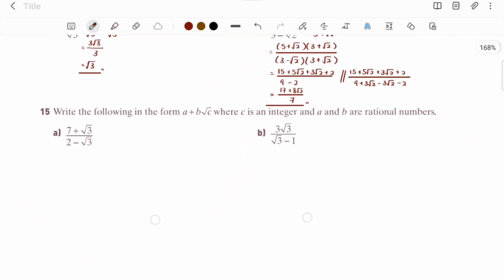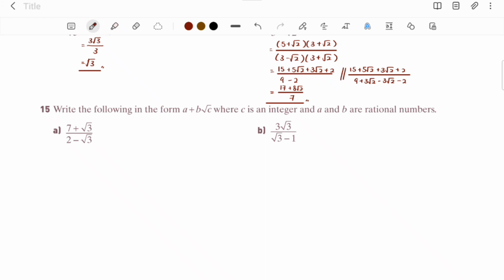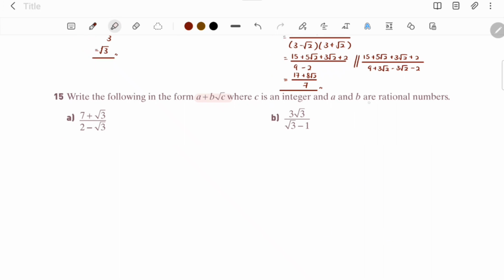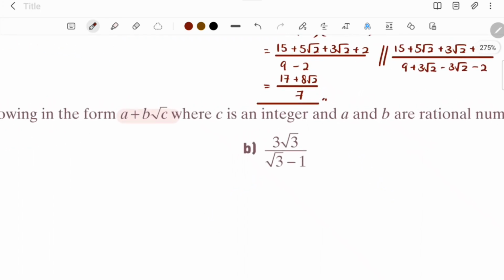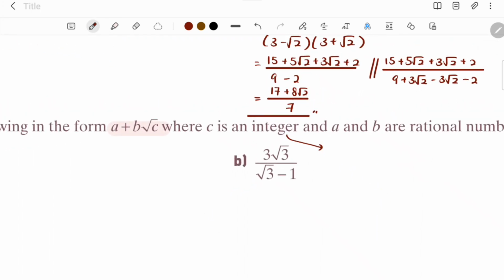Okay, so number 15, write the following in the form of A plus B root C. C is an integer, A and B are rational numbers. So integer means no decimals, no fractions.